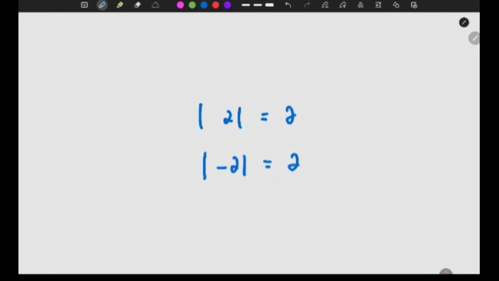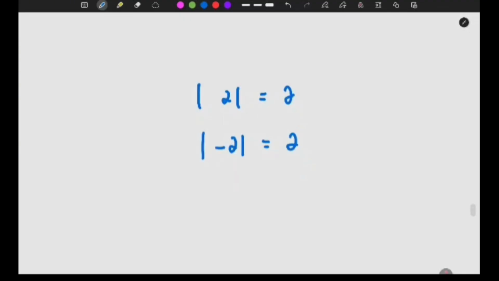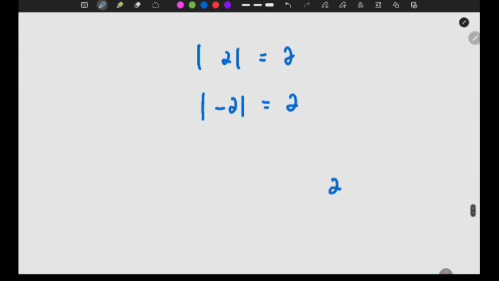So now if I say this 2 comes from which 2? Is it positive 2 or negative 2? How do you know? If you say positive 2, but you also know that when you have a negative 2 and put a modulus, it's going to give you the 2, isn't it?